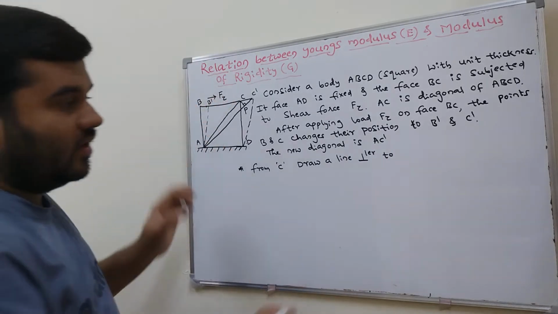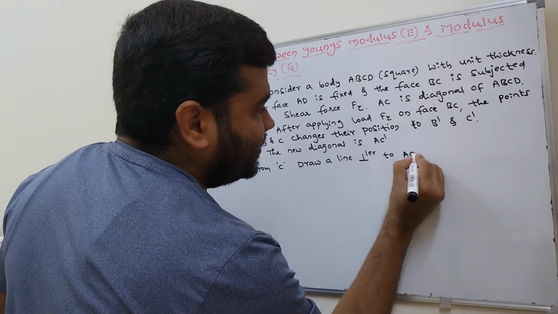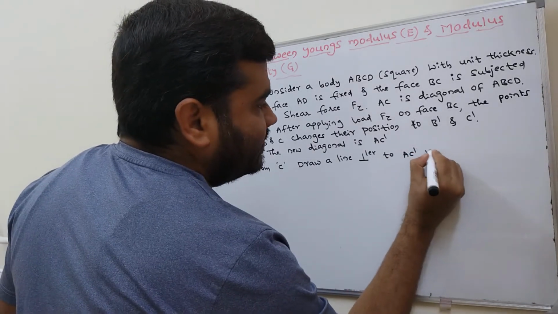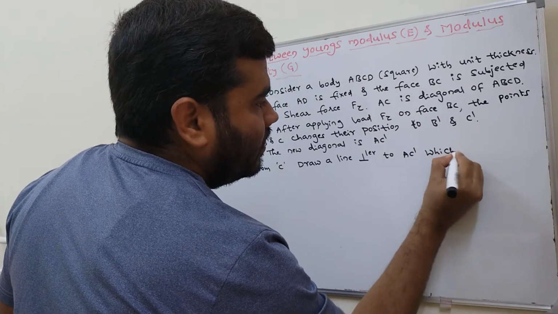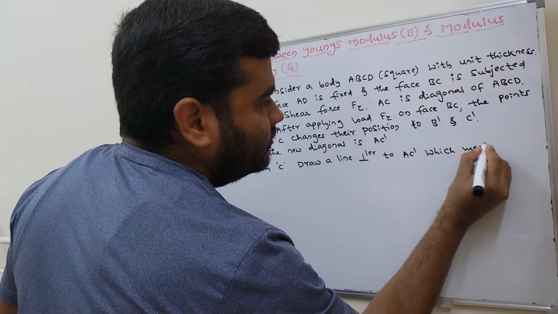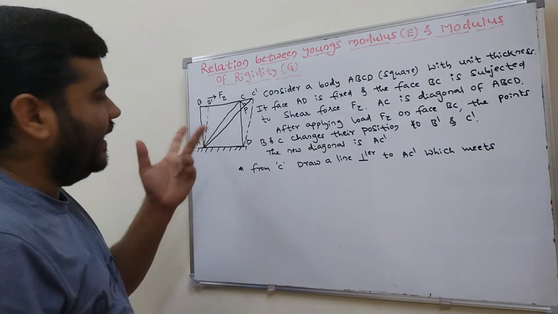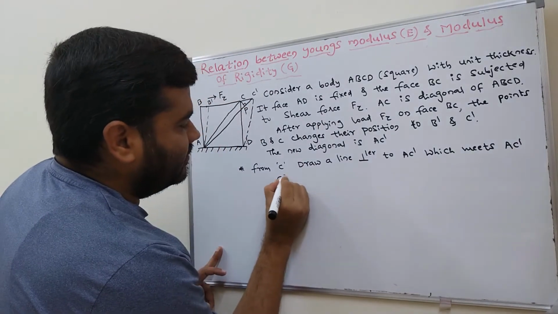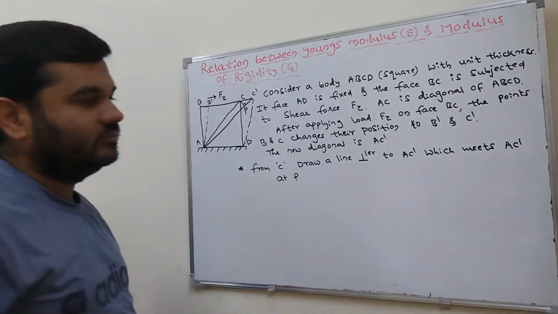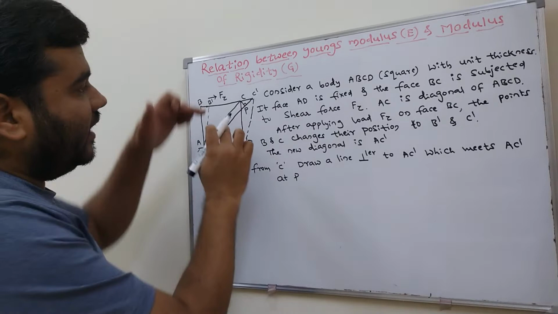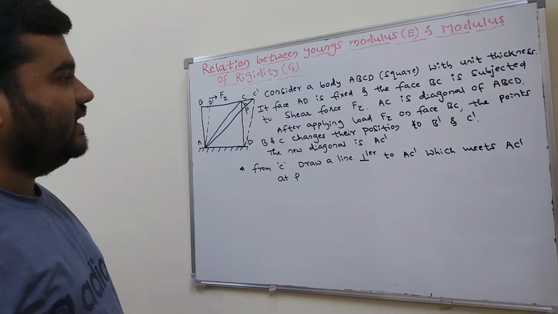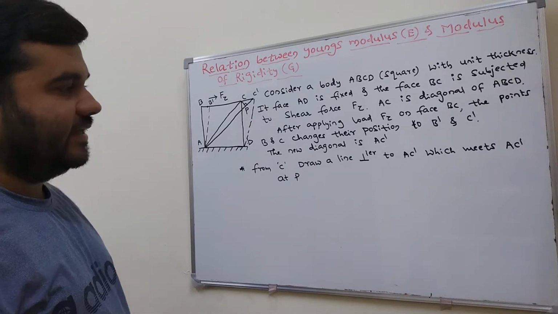AC dash, which meets AC dash at P. It means you need to draw a line CP perpendicular to AC dash.